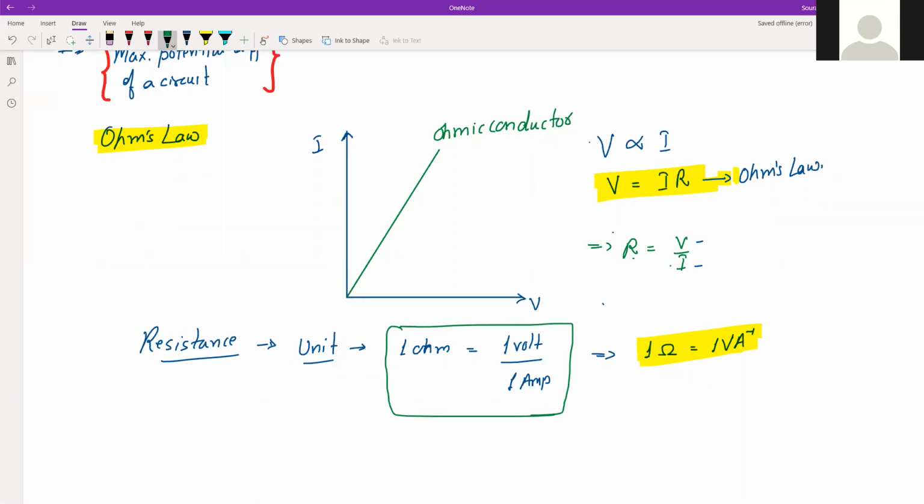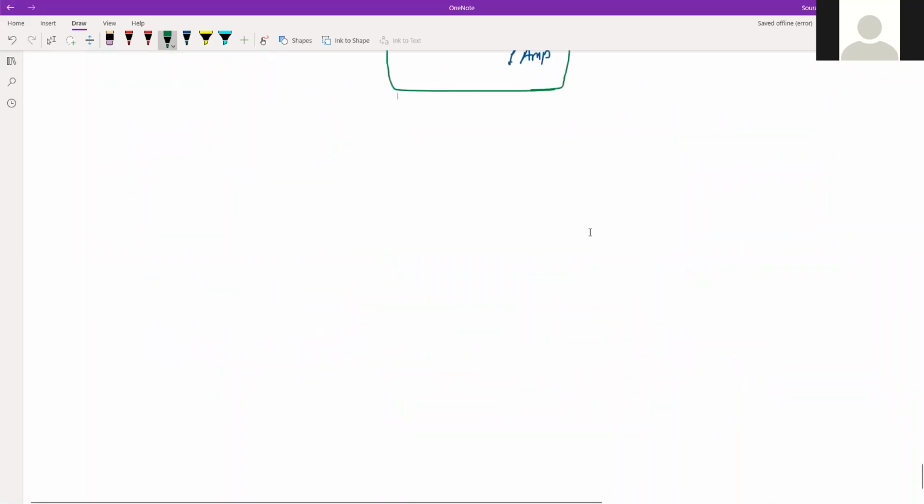Okay, and we know how it is going to be represented. Next, it is factors affecting resistance. We'll try to understand this. One is length.